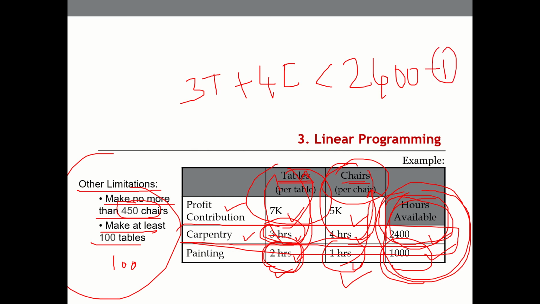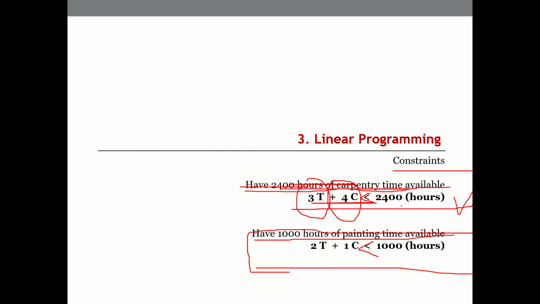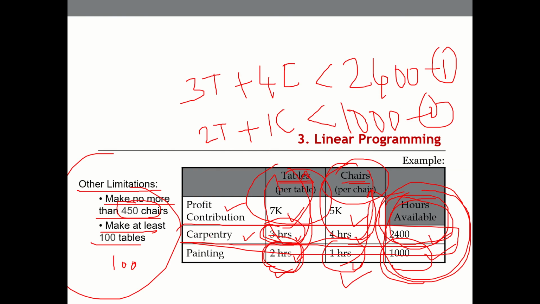The second equation we have constructed in a similar way: 2 hours of painting time for tables and 1 hour of painting time for chairs, totally should be less than 1,000 hours. So this is how we convert this into a simple linear equation.